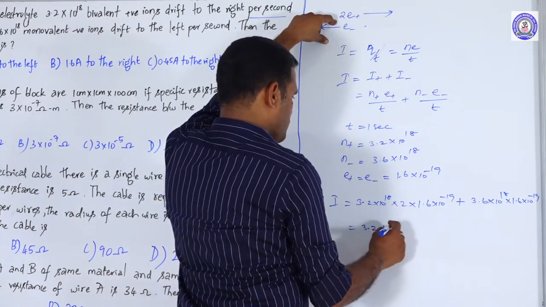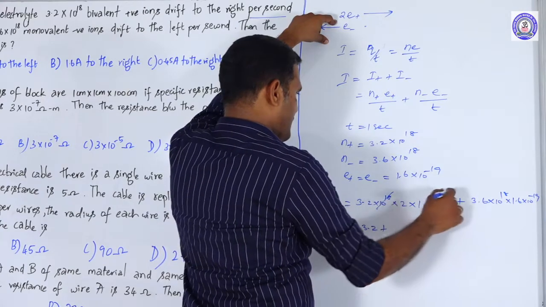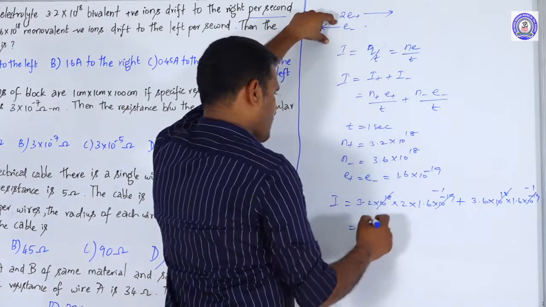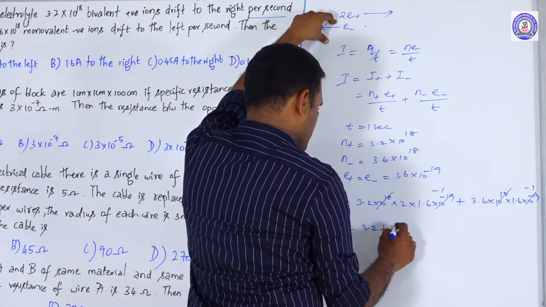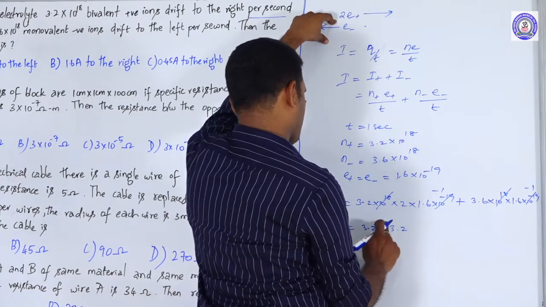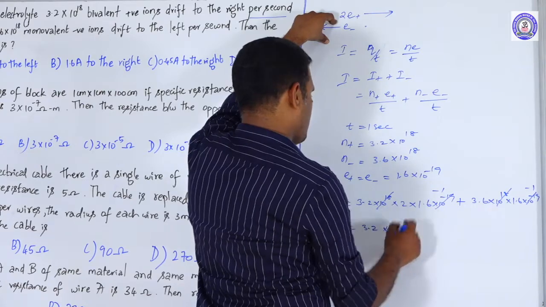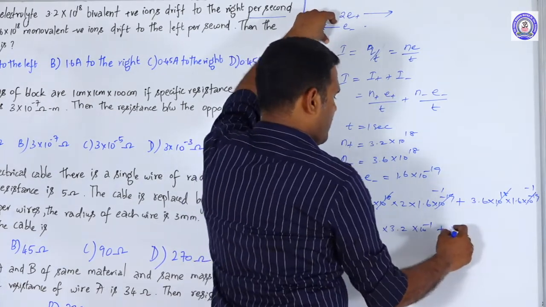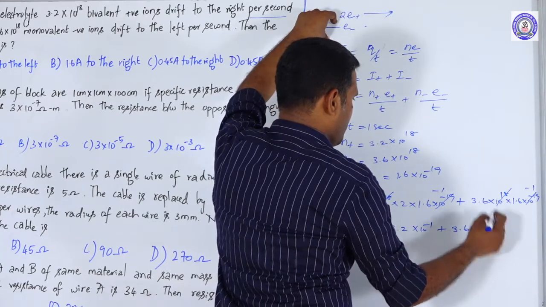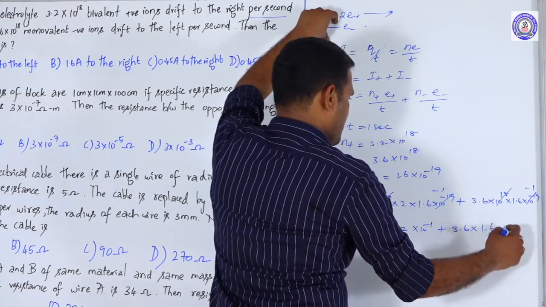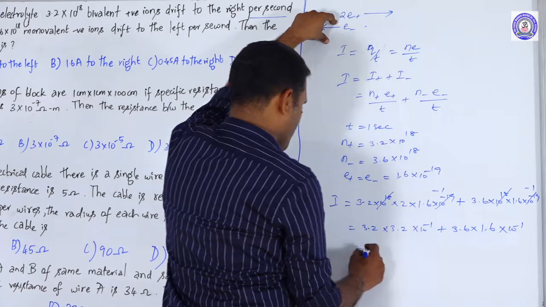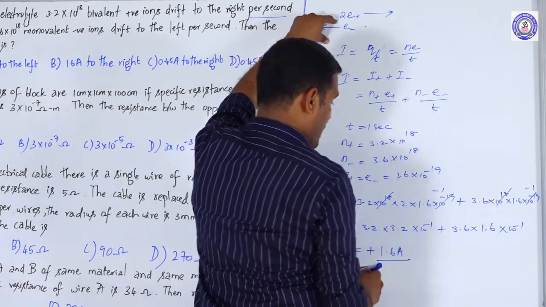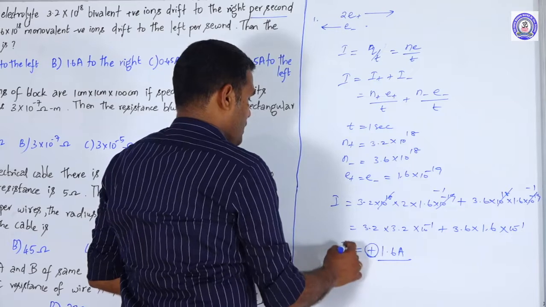So 10^18 times 10^−19 gives 10^−1. 2 × 1.6 is 3.2, so 3.2 × 3.2 × 10^−1 plus 3.6 × 1.6 × 10^−1. On simplification, you will get 1.6 ampere as the positive value.